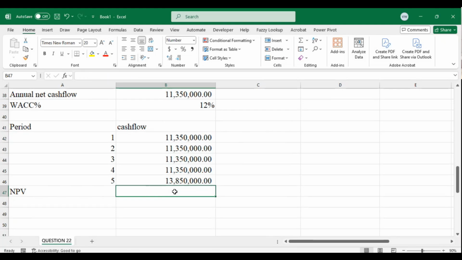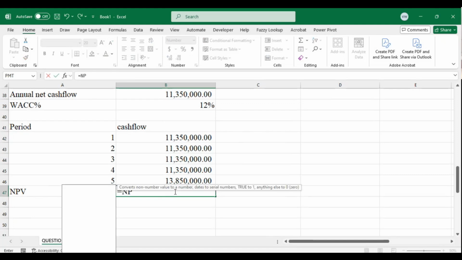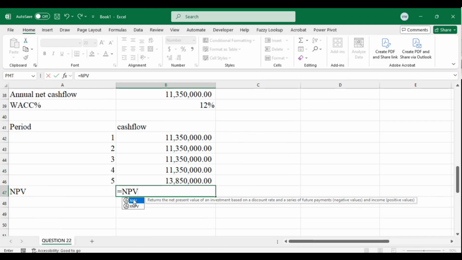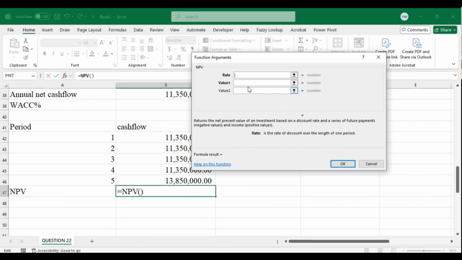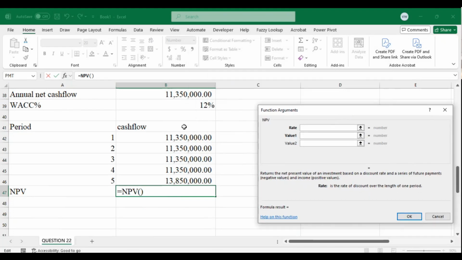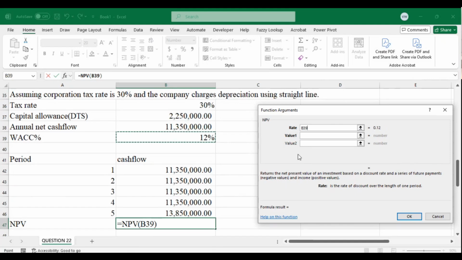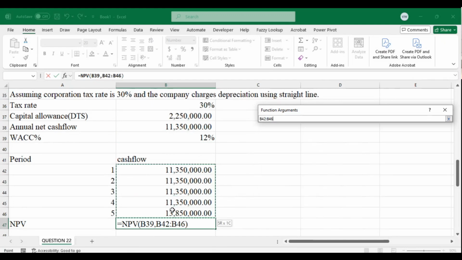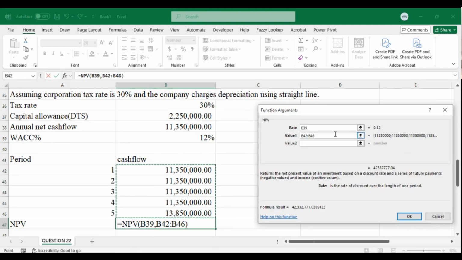Let me delete that and say equals NPV. I activate the function argument. Then I go to the rate, 12%. Then I highlight the range of values. But this time round, I just say okay.